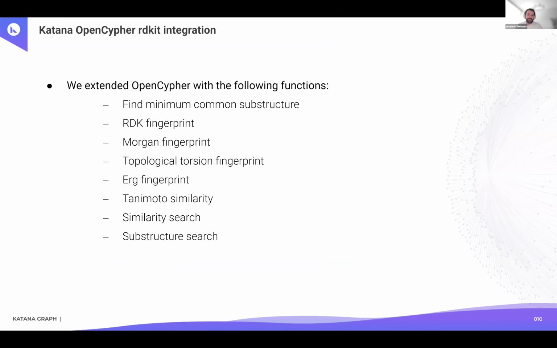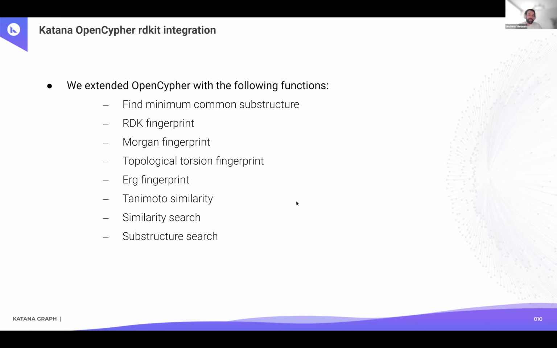And we extended the OpenCypher standard with an RDKit integration. Some of these are just straightforward, like wrapping the RDKit functions for Cypher. We have things like find maximum common substructure, where you can give it a list of molecules and it'll output the common substructures between those molecules.